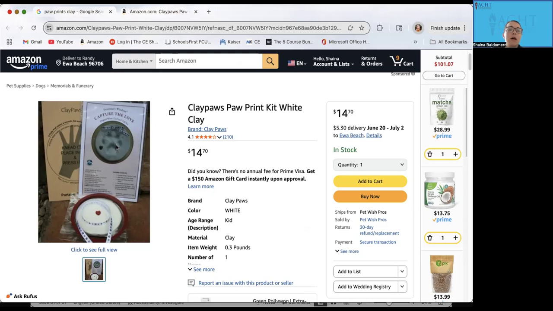Instead of focusing on the owners and their loss, I focus on what a great life that animal must have had and how I get to pay tribute to their life by creating a beautiful keepsake for those owners to take home and to have forever. I get to be a part of that story. And it's my responsibility to make sure it's the most beautiful paw print they've ever seen in their life.